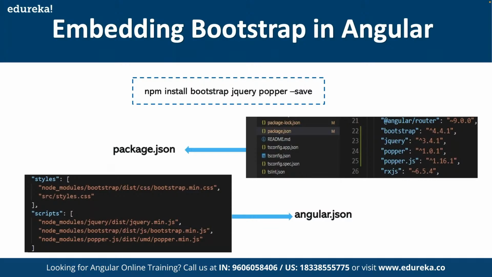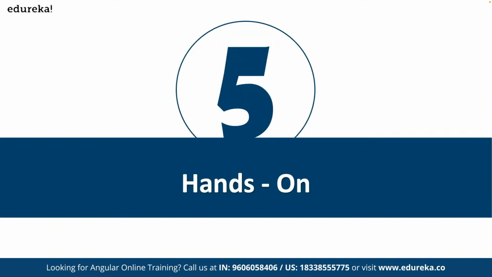Once you have found the path of these, you have to add them within the angular.json file. This is the screenshot where they have been added in the angular.json file. So this is the overall idea of working with the same.